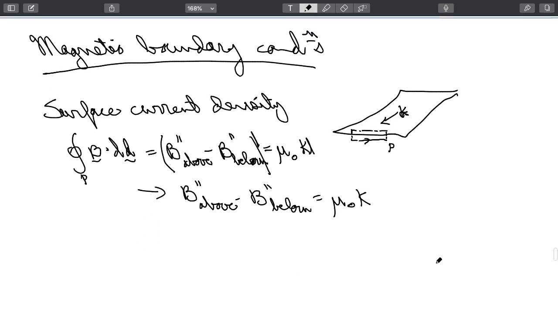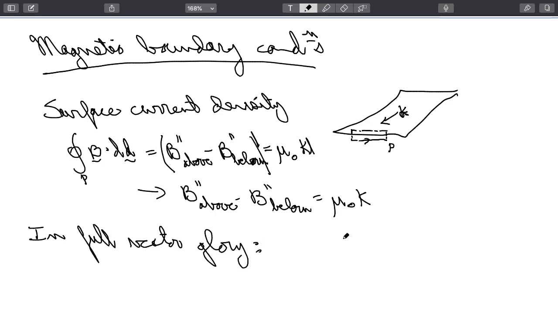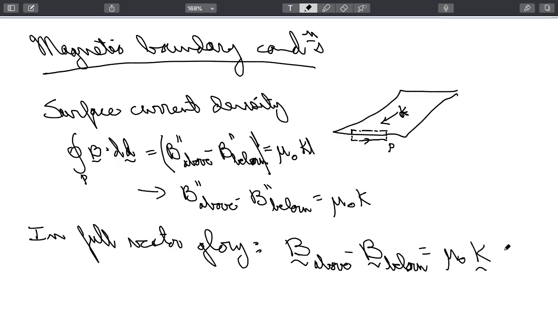If you rewrite it in full vector glory, the field above minus the field below is just mu 0 times the surface current crossed with the unit normal vector at the surface.